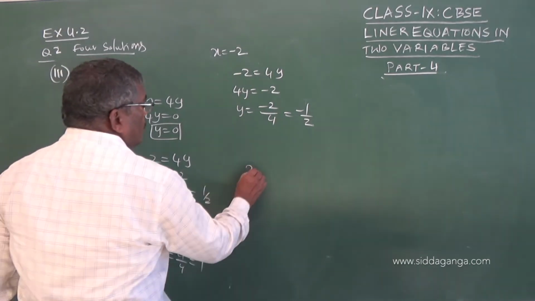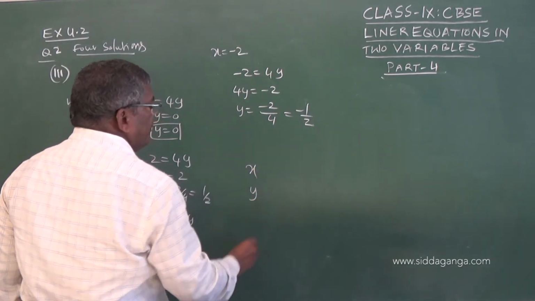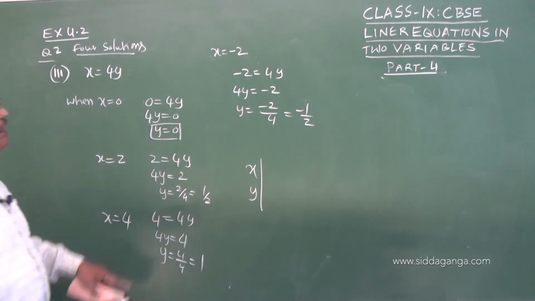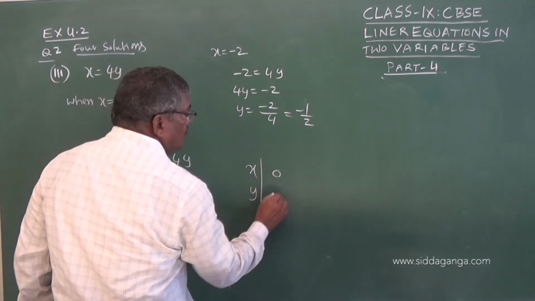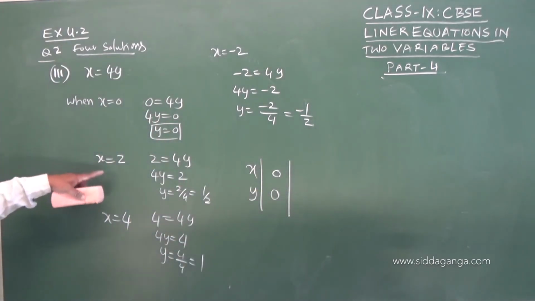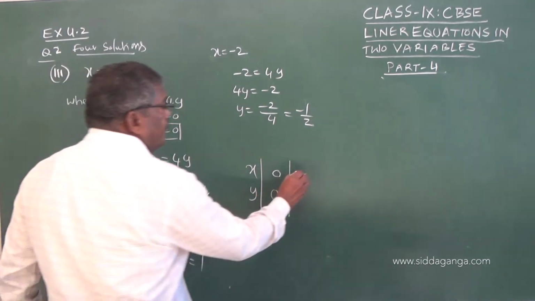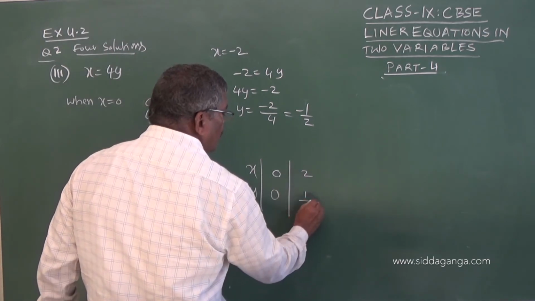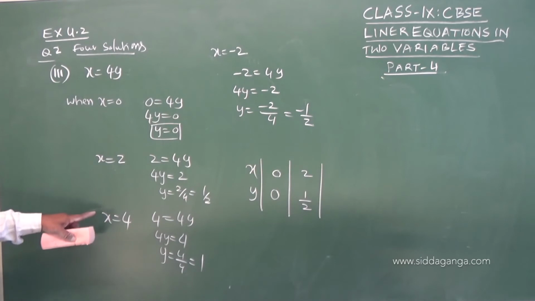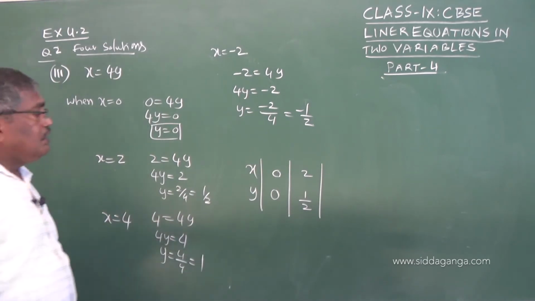So therefore, when x is 0, y is also 0. When x is 2, y is 1 by 2. When x is 4, y is 1.